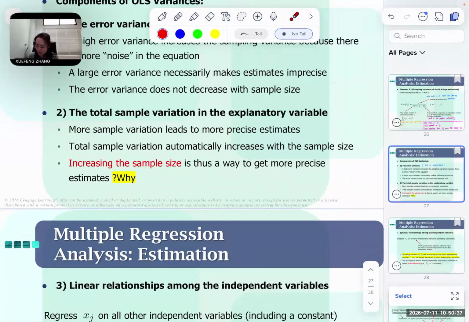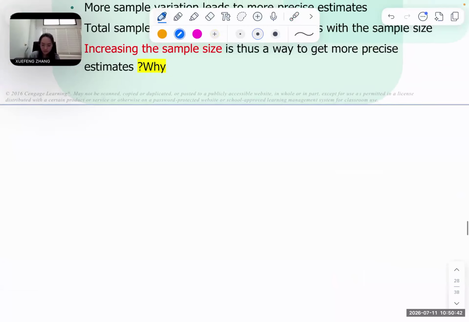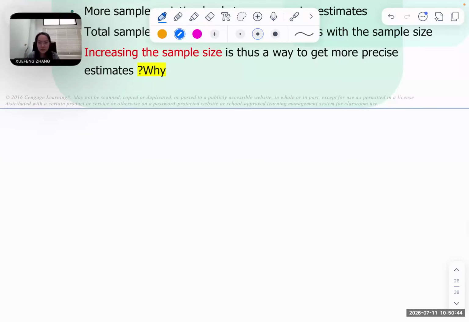And here I need to emphasize a little bit. I hope you still remember from your statistics, basically we have two laws, right?